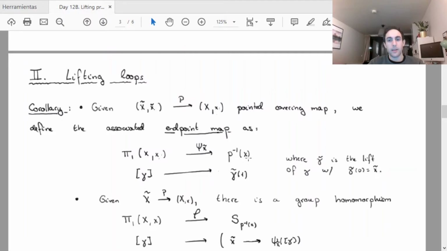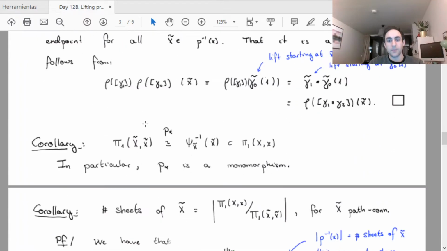So the elements that end up at x tilde correspond to loops in the covering space. Conversely, if I have a loop in the covering space, I can project it down, and when I lift up again, the endpoint will be x tilde itself, because I must recover the loop I started with.